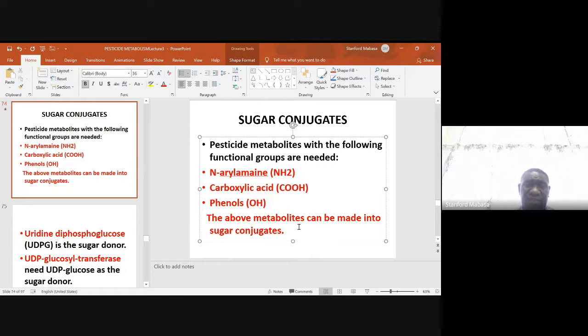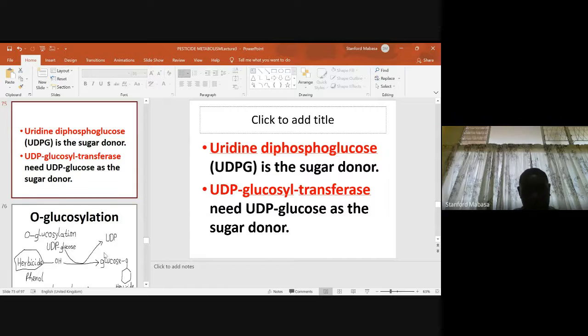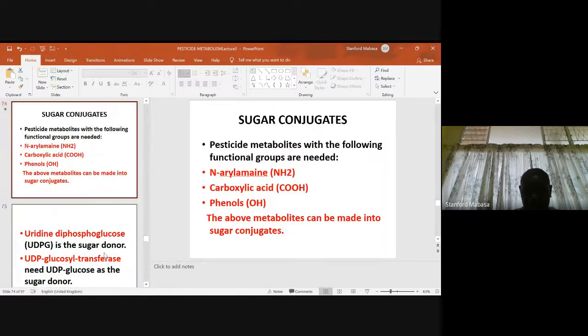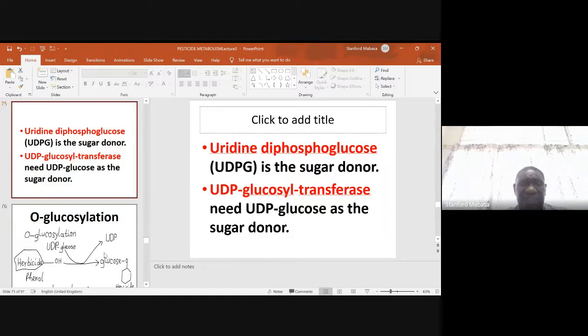So these will be able to form sugar conjugates. Uridine diphosphoglucose, UDPG, is the sugar donor. And UDP glucosyl transferase needs UDP glucose as the sugar donor.